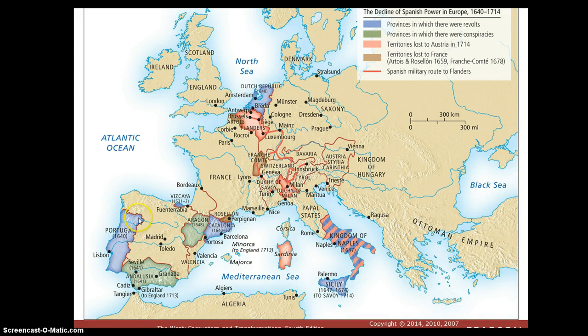And Portuguese in Brazil. So here's Portugal. Okay, here's Spain. And Spain was a major player in Western Europe, but it's going to start declining, attempting authoritarianism, but not with the success that's going to be happening with France here.